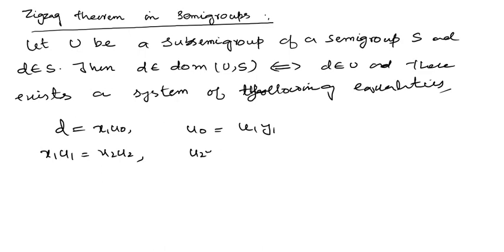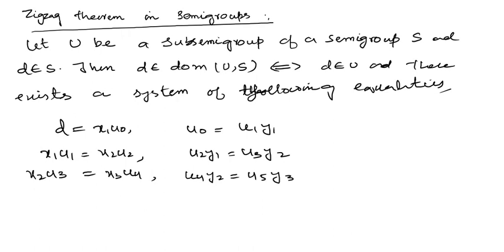Then u2 y1 is equal to u3 y2, and the next equation will be x2 u3 is equal to x3 u4. Then u4 y2 is equal to u5 y3.